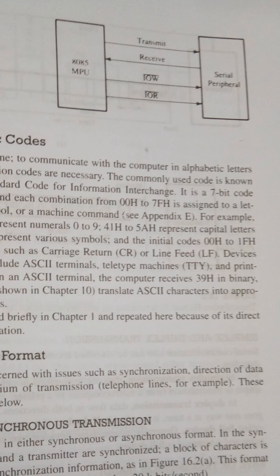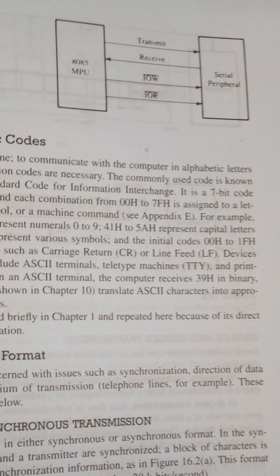Similarly, a serial peripheral can be interfaced under program control, that is the status check or the interrupt control. IO mapped IO and memory mapped IO are two different IO techniques. In memory mapped IO, the total addresses generated are the same for memory and IO, the address space is the same, but a special control signal is required to distinguish whether this is a memory address or an IO address.